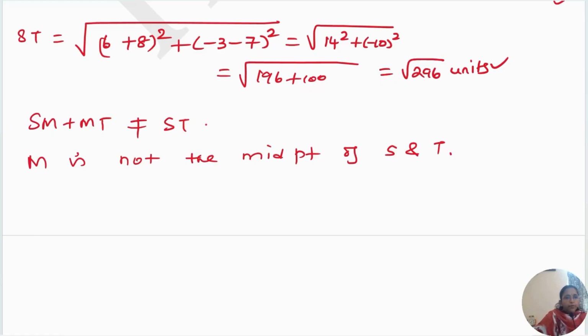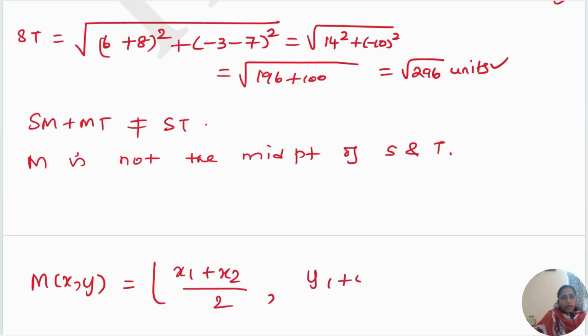That is, the midpoint M of (x, y) is equal to (x1 plus x2 divided by 2, y1 plus y2 divided by 2).